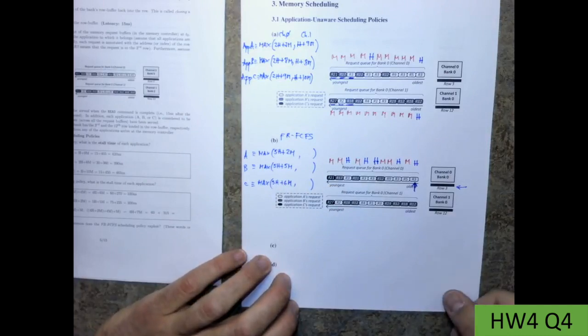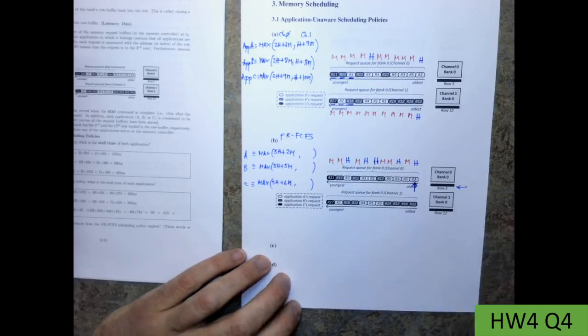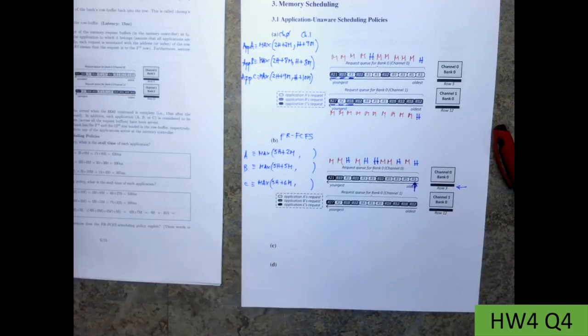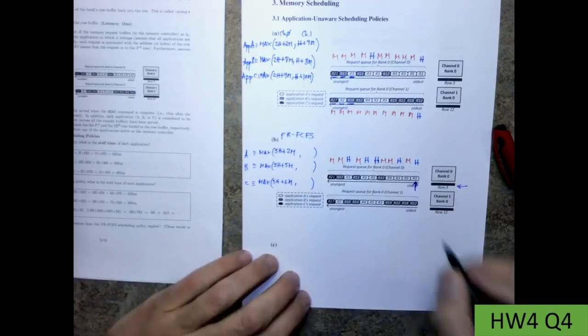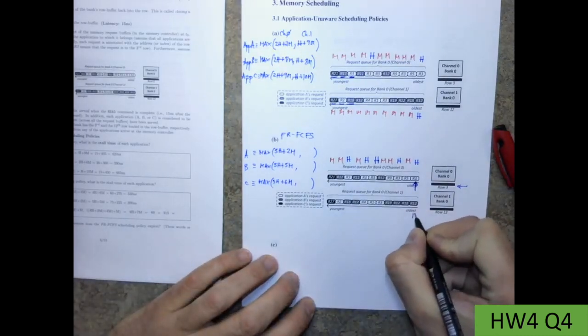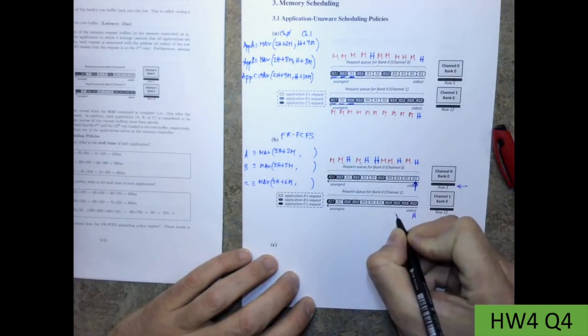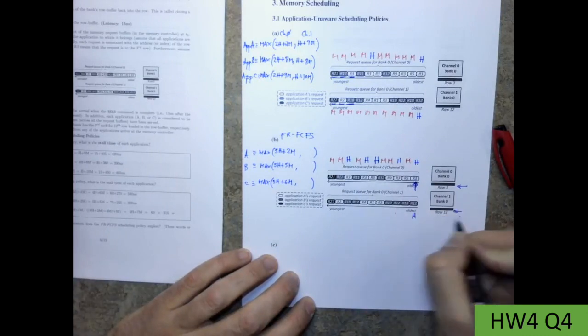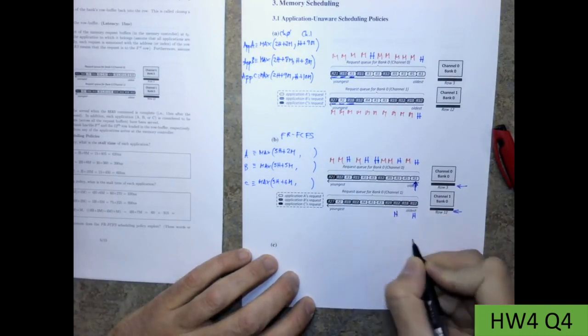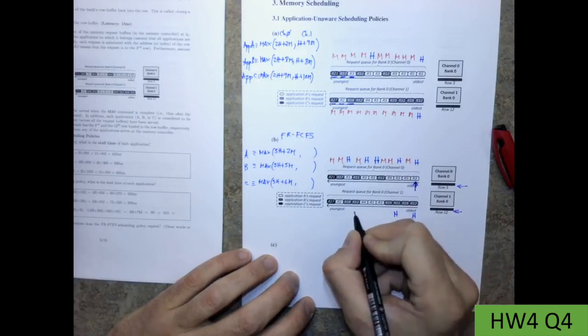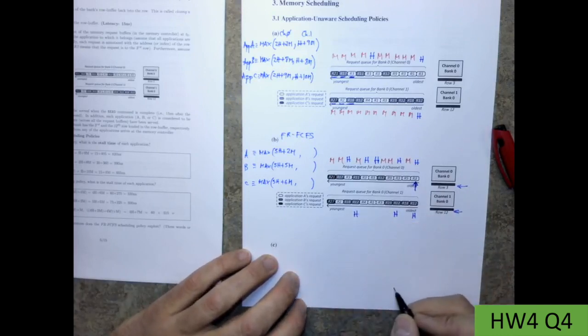We can proceed similarly in channel 1. So we have a hit to row 12. Because row 12 is open, we keep it open so that we can hit here and here. These are 3 hits.